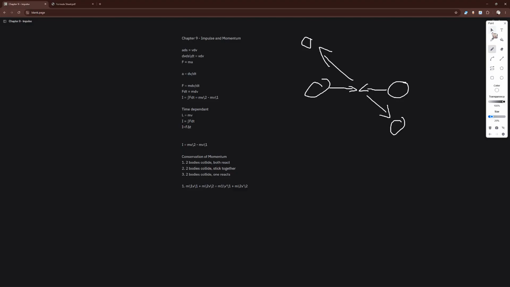And then another situation, scenario 2, two bodies collide and stick together. So we have this ball and this ball. They collide, and they form this new system where they stick together and go off this way. So for this we'd have m1 v1 plus m2 v2 is equal to m12 v12.